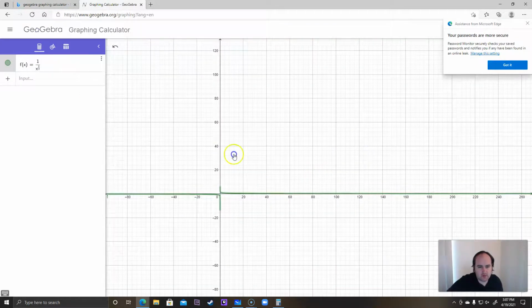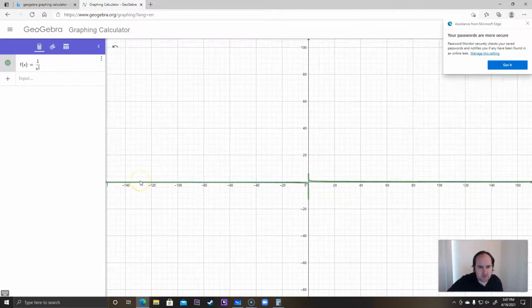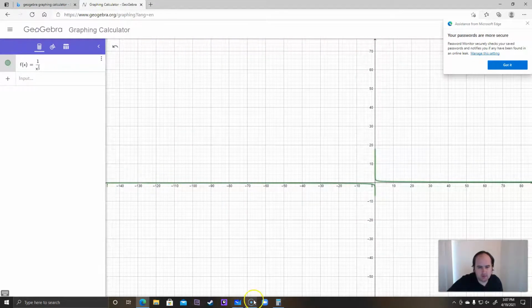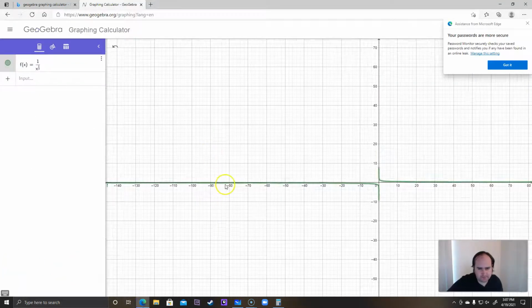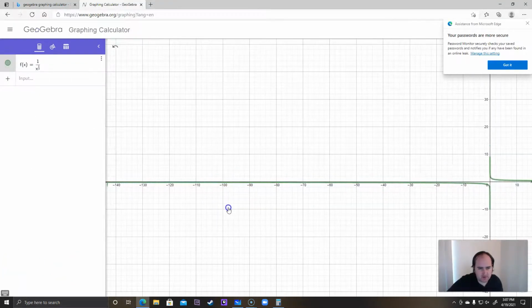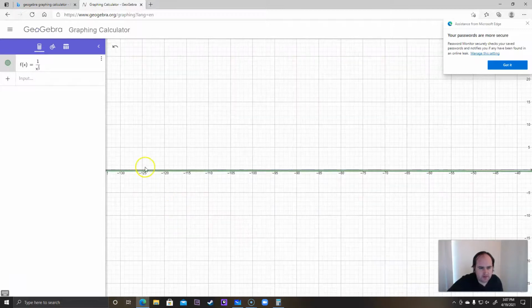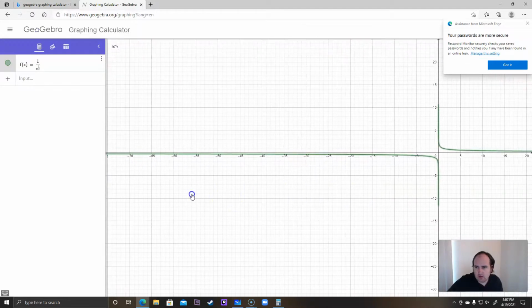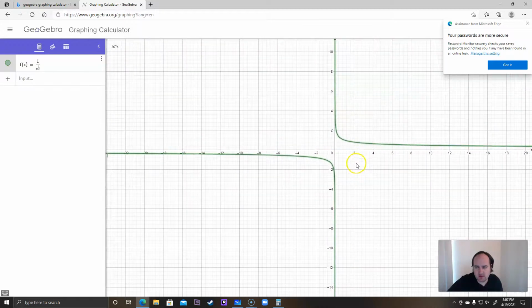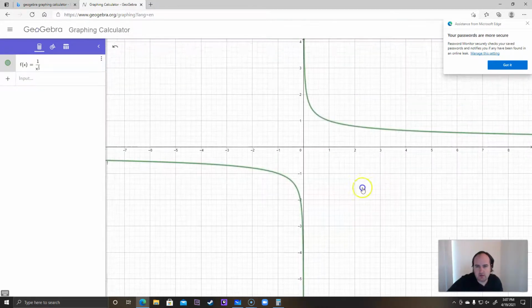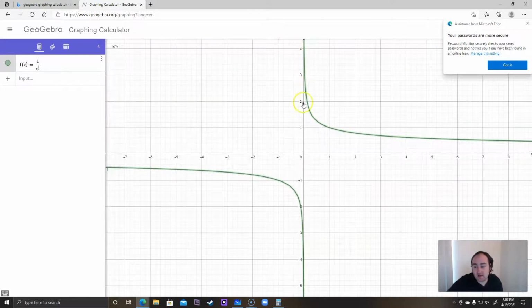We're going from negative 125 to 27. Here's negative 125, I zoomed in with my mouse. We're going from here all the way through 0, and if we zoom in at 0, the graph is actually undefined.